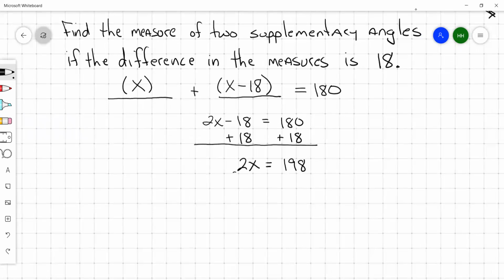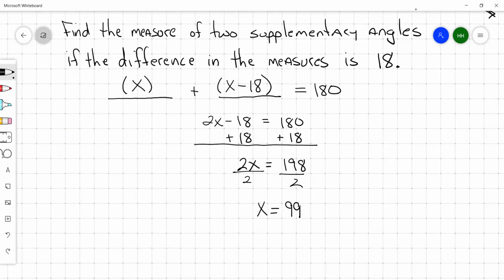If you divide both sides by 2, then you get x equal to 99 degrees. All right. So one of your angles is going to be 99 degrees.